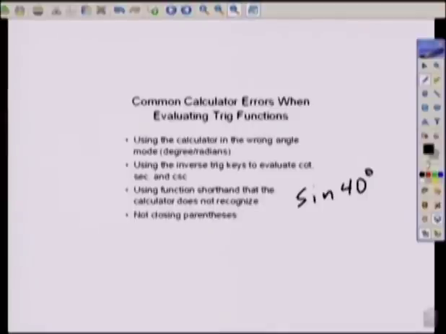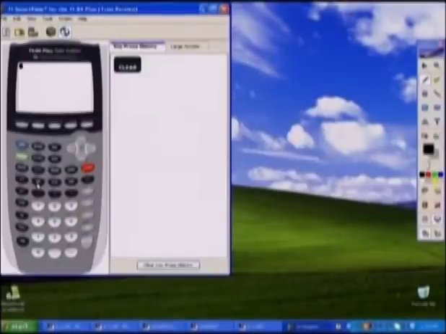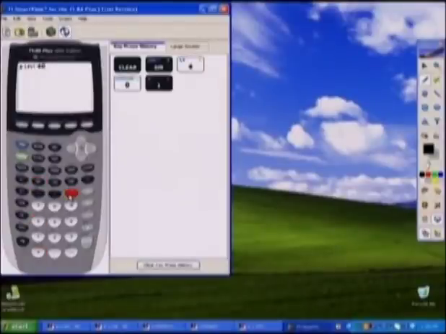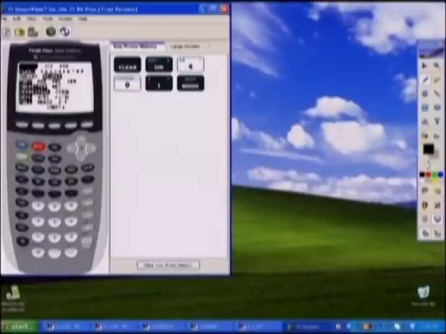So let's head over to our TI calculator, and on our TI-83 or 84, we can start by hitting the sine of 40 degrees, closing our parentheses, although that's not completely necessary with the TI. Before I hit enter, I want to check my mode, and I have already put my calculator over in degree mode.